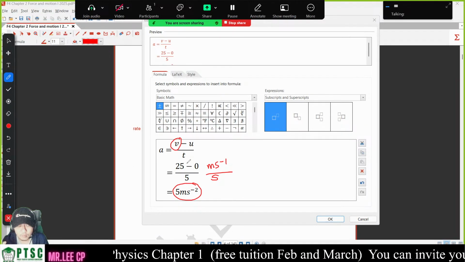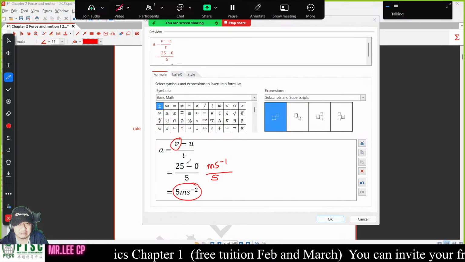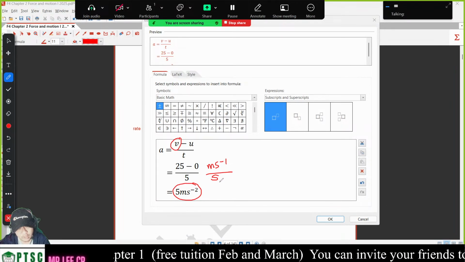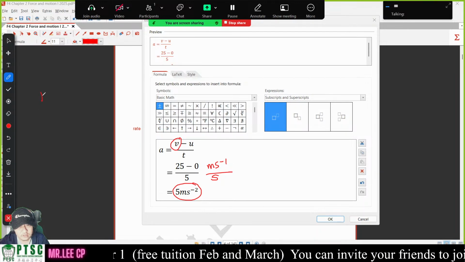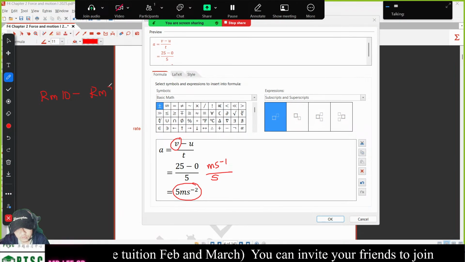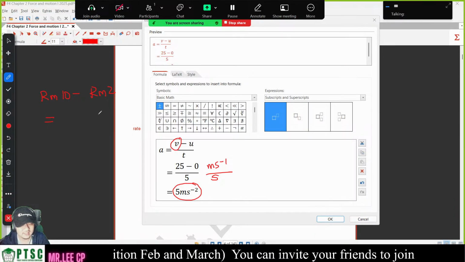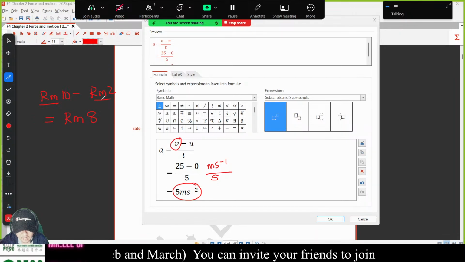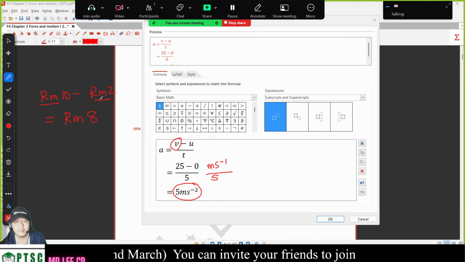Minus will not change the unit. Only divide or times will change the unit, right? For example, RM10 minus RM2. What is the unit? Your unit is RM8. RM10 minus RM2 is still RM8, still RM.